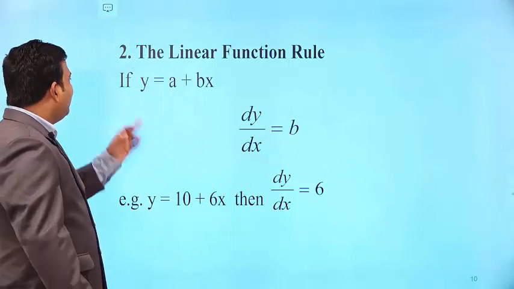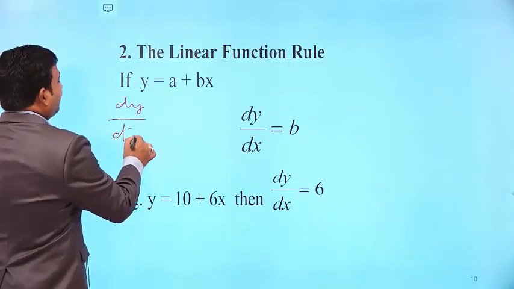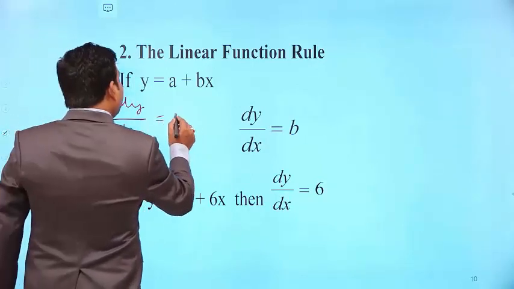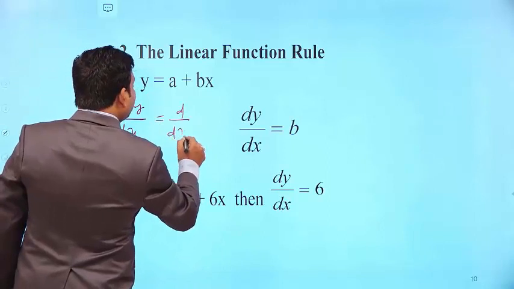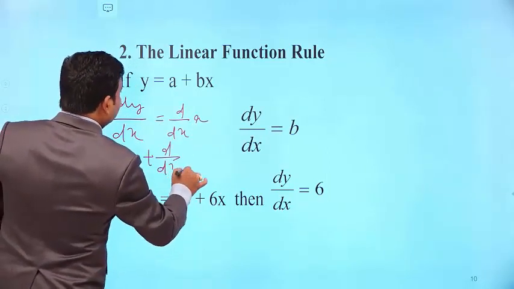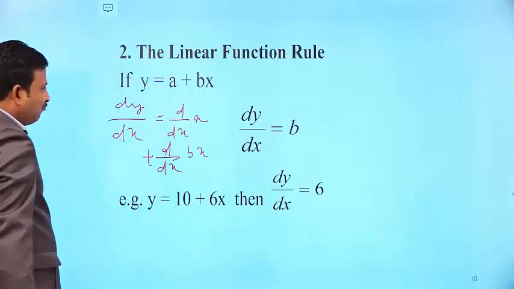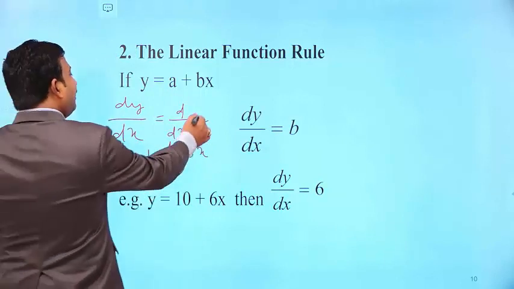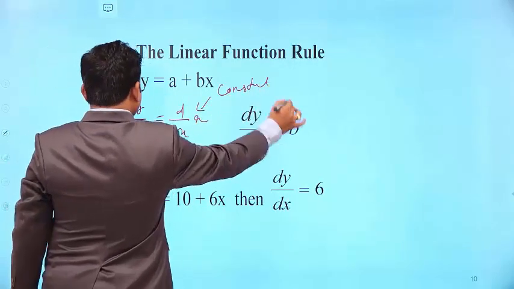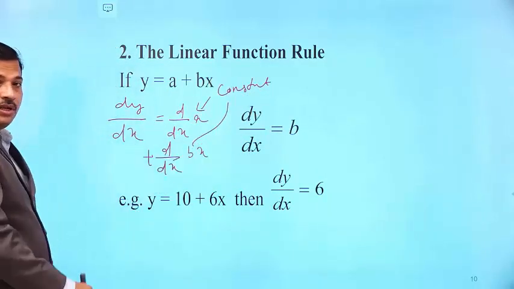So dy by dx, differentiate this y with respect to x. Then d by dx of a plus d by dx of bx. Is it clear? A is a constant, b is also a constant.